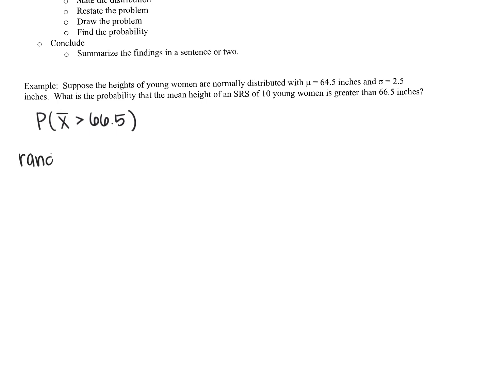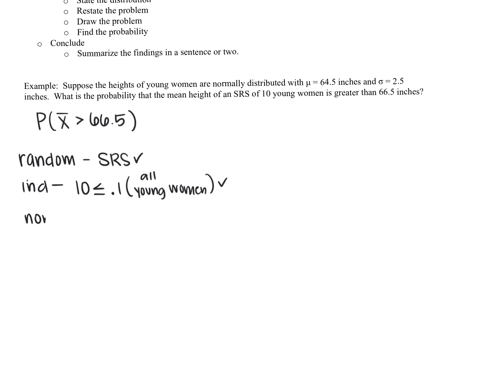So first we're going to start by checking our conditions. We are taking an SRS, so we are random. For independent, 10 has to be less than or equal to 10% of all young women, which there's at least 100 of those, so we're good there.